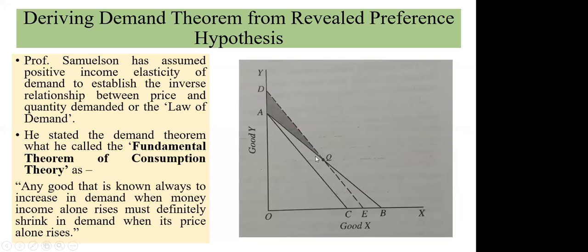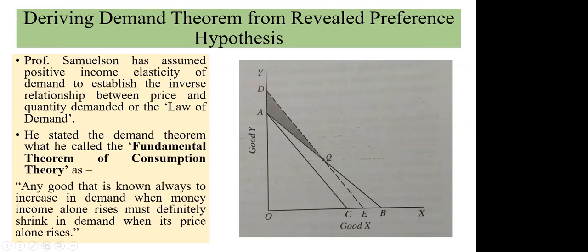So if he purchases any combination from this part, it will not be an inconsistent choice because it was not previously available to him. So he can choose point Q or any point in this part. And as a result, if he chooses any point here or here or here, we can see that he will be purchasing less and less quantity of good X. So if this cash grant or the cost difference is taken away from him, he will come to this AC.